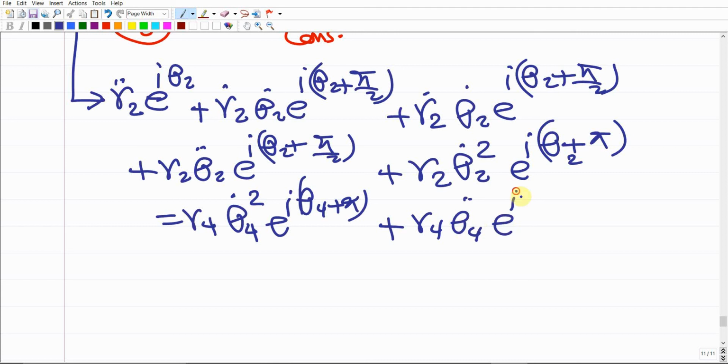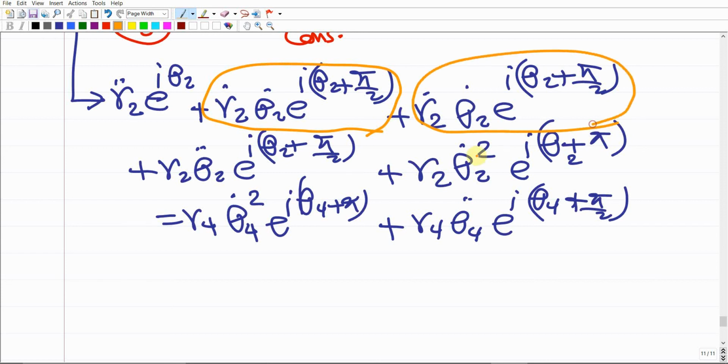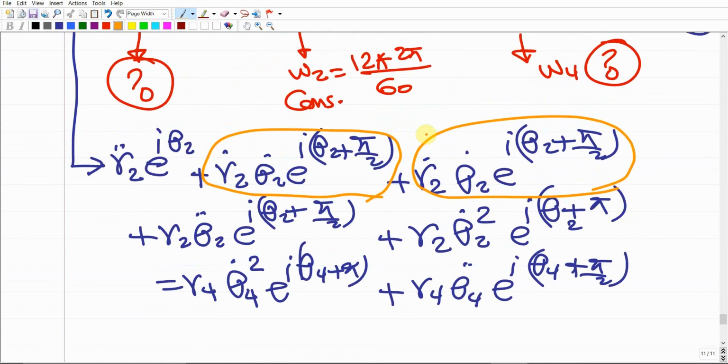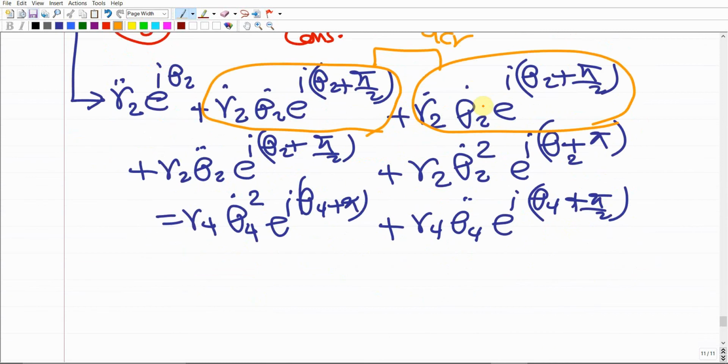This is the tangential component. Then this is the Coriolis acceleration, as we discussed many times. The R dot and theta dot, these two components are gonna be combined together to end up with the Coriolis acceleration that we discussed before.